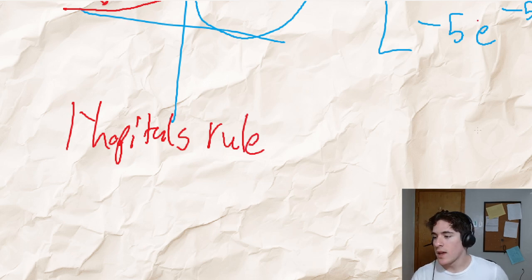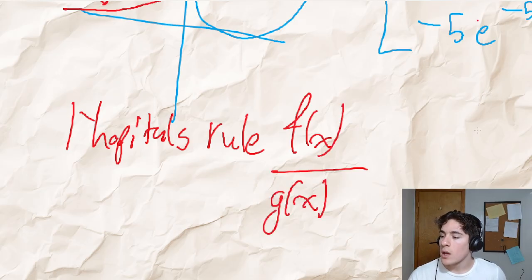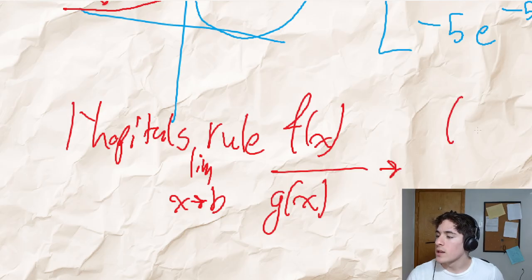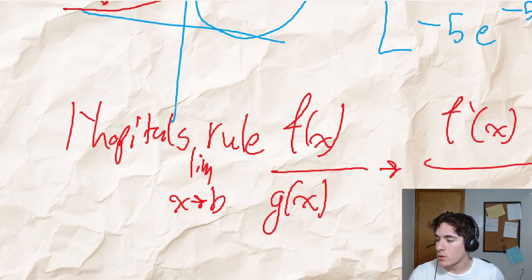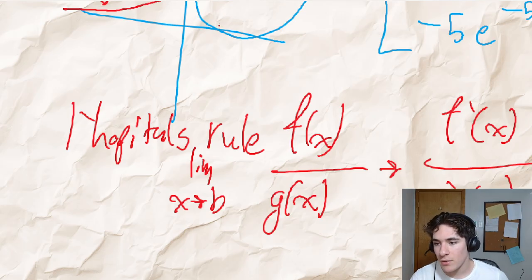L'Hopital's rule states that if you have a function of f over a function of g, the limit of that function is the exact same as the derivative of the top over the derivative of the bottom. Now, that is useful when functions become indeterminate, which basically just means they can't be divided by 0.